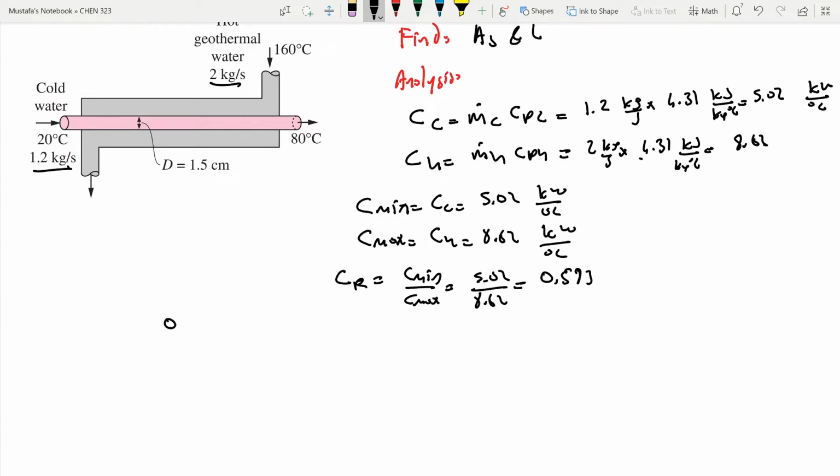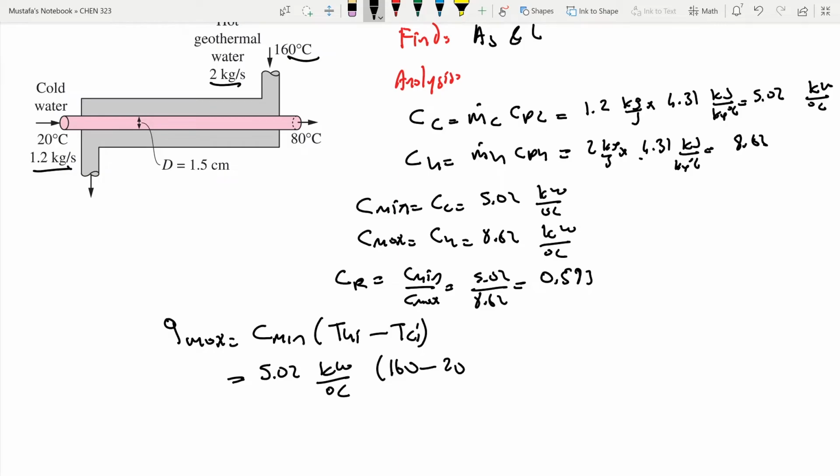Now I calculate Qmax, which is C min multiplied by T hot in minus T cold in: 5.02 kilowatt per Celsius, T hot in is 160, T cold in is 20.